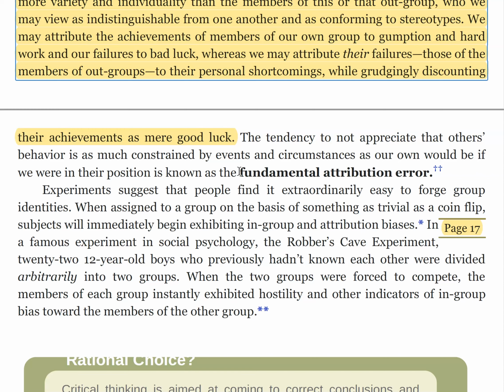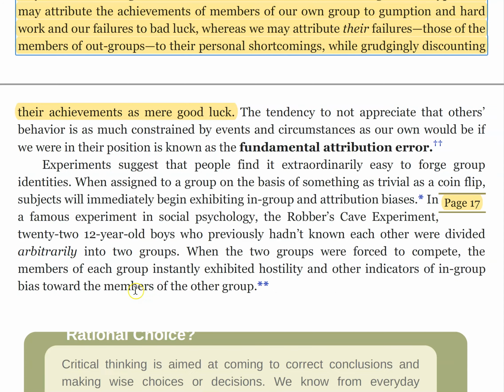Well, their choice regarding college might have been constrained by events. Maybe they needed to help their family out by getting a job immediately. Maybe they were just late to put in their applications. And we need to recognize that were our circumstances the same as theirs, we'd likely have the same limited set of behaviors and choices that they do. So that one's a good one, but it's hard to test on, so we're not going to spend too much time with it.